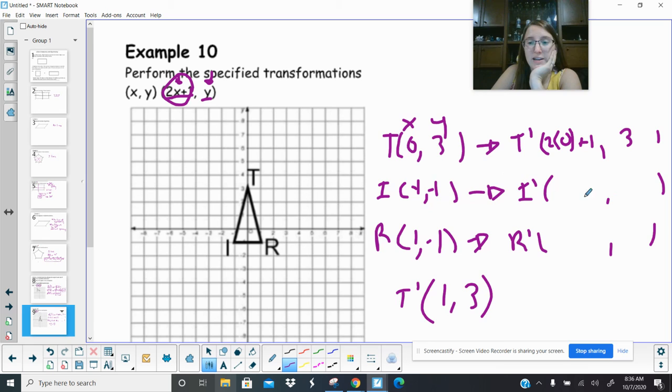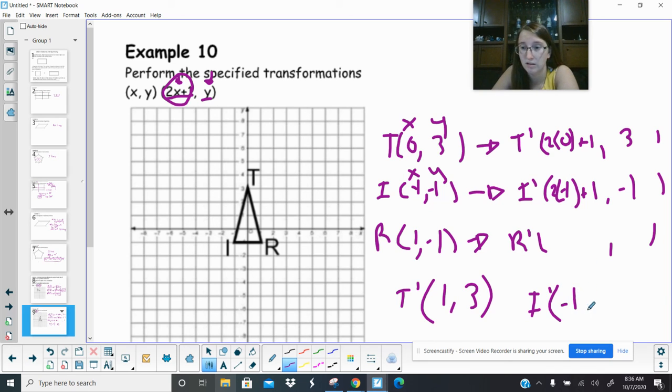So same thing over here. My x is -1, and I want 2 times x plus 1. And I want my y to stay the same. We get -1 for y. So for I prime, we've got 2 times -1 is -2 plus 1. You should have gotten a -1 as well. -1. Yes, we end up at the same spot.